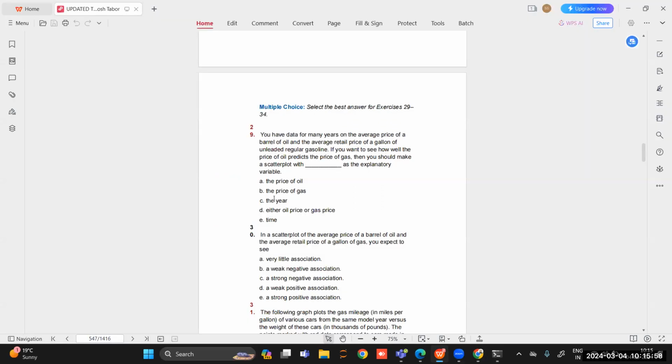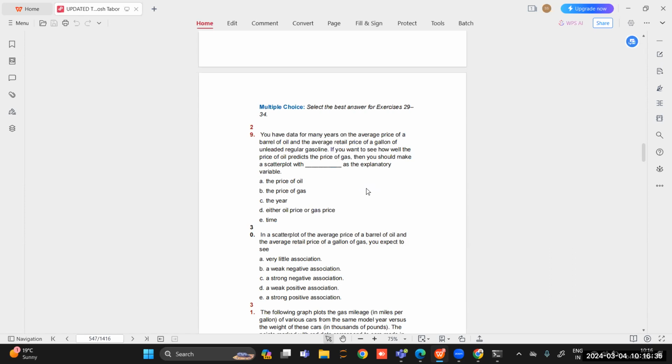Now the next, the 29th one, try it on your own. You have data from many years on the average price of a barrel of oil and the average retail price of a gallon of unleaded regular gas.